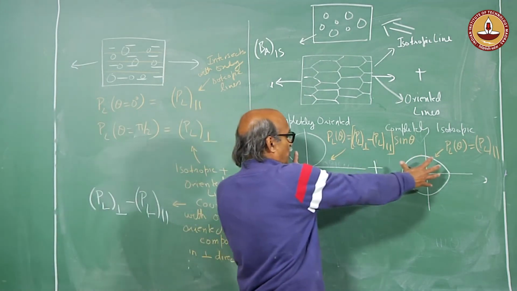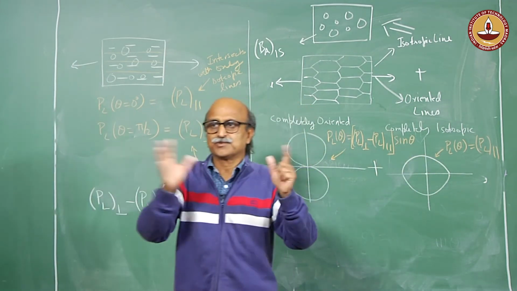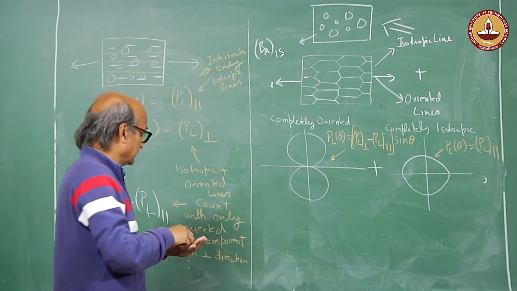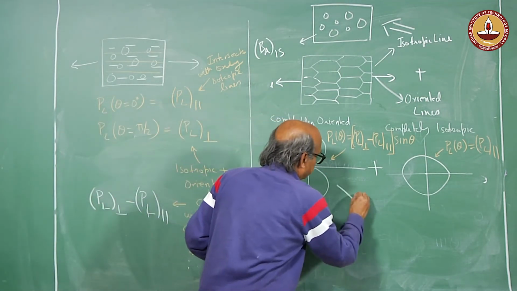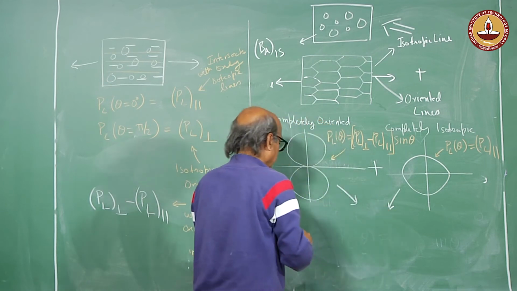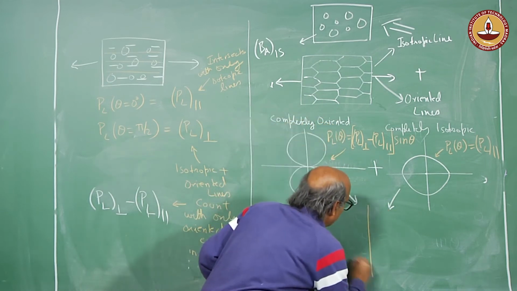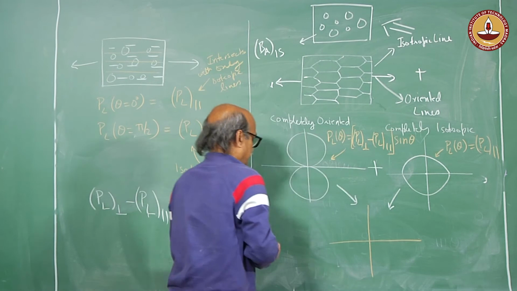Adding these two would give me the sum total of the polar plot that I will get. So, adding this, what I will get for the polar plot is like this.